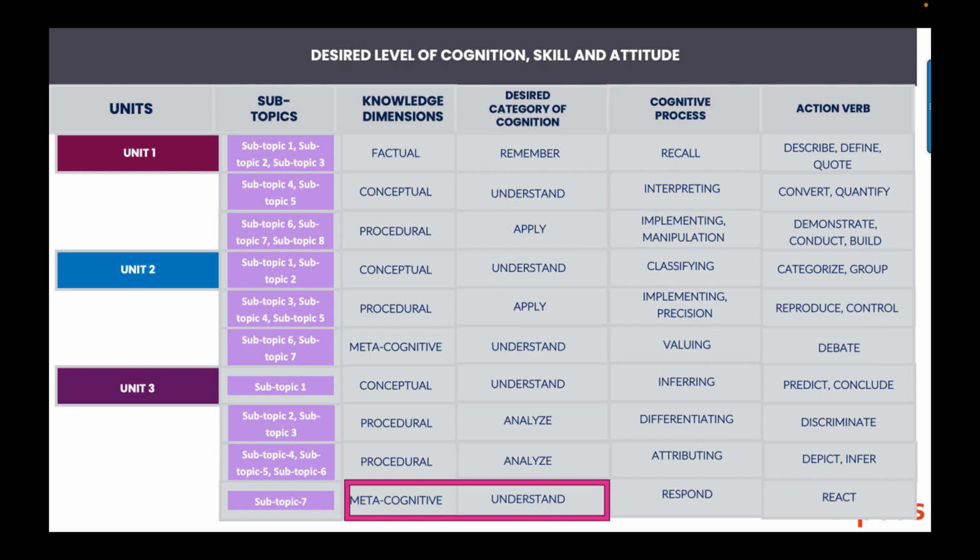We never did. Actually, we always have to first think about what the desired level of cognition is, how I ensure that the students are reaching that level, and what will tell me that. So these are the activities, these are the quizzes, these are the assessments, this is a midterm exam, this is the project, this is the lab, right? There could be direct and indirect tools which will tell me whether or not students are reaching this desired level of cognition.